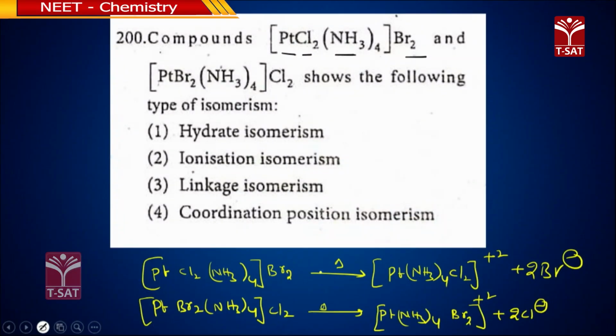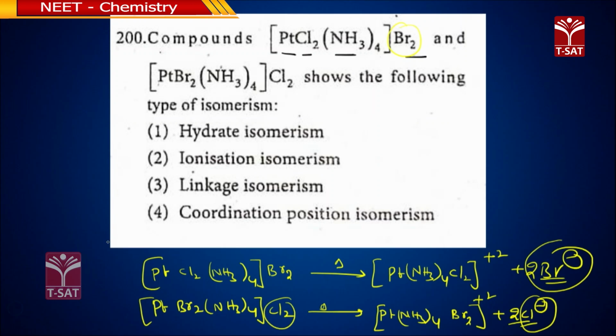Upon ionization, here you got Br minus outside in the first compound and here Cl minus outside in the second. Upon ionization, we have got different ions. So, that is why we call this ionization isomerism.